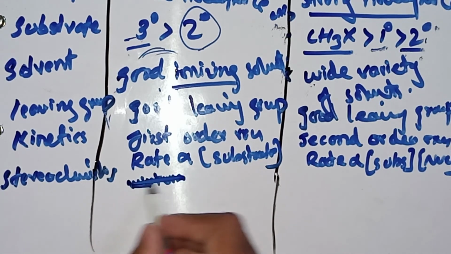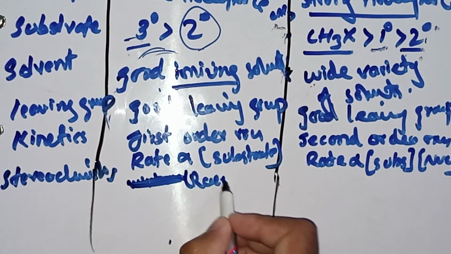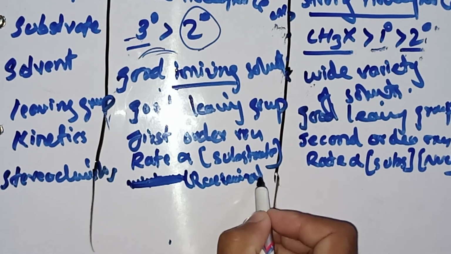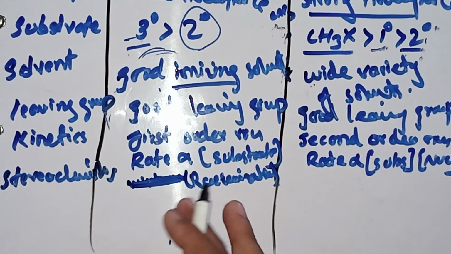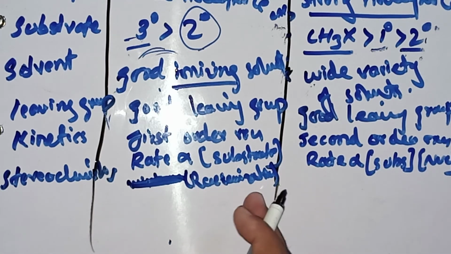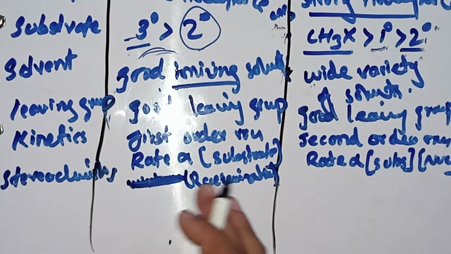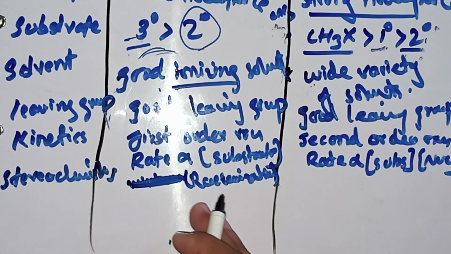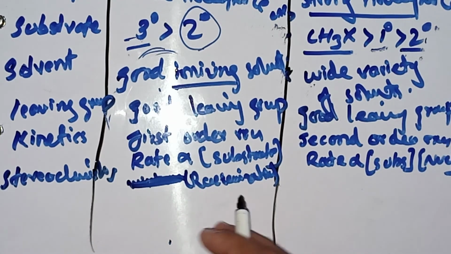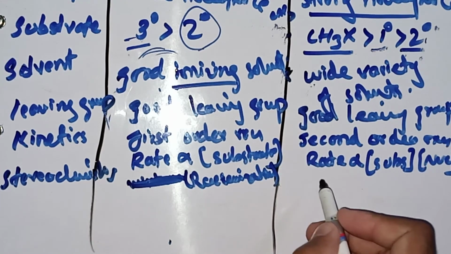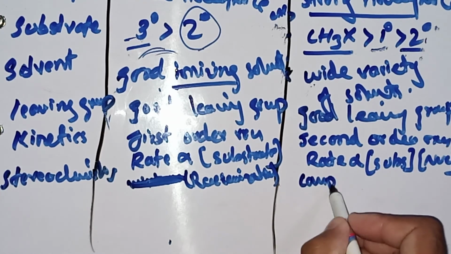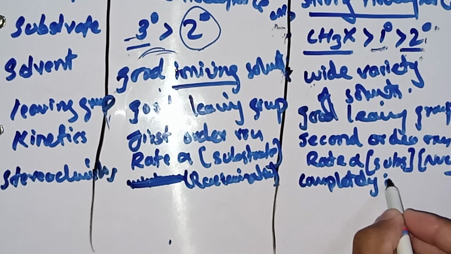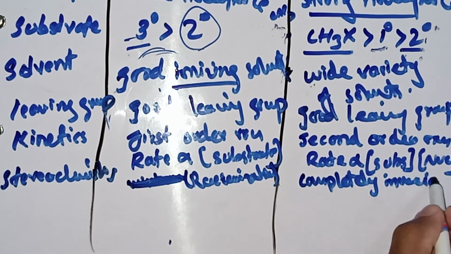A mixture of inversion and retention is produced, which means that racemization will occur. In racemization, retention and inversion have the same concentration, 50% inversion product and 50% retention product. So both retention and inversion products are generated as a mixture, while in the case of SN2 reaction only inversion will be present. Here it is completely inversion.